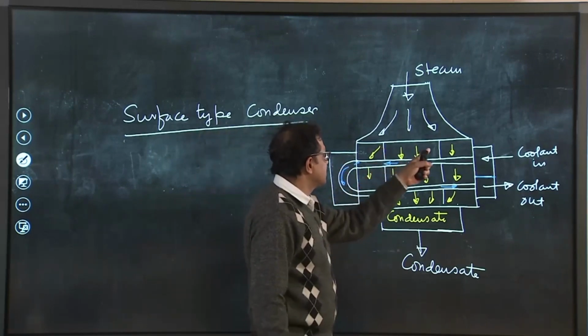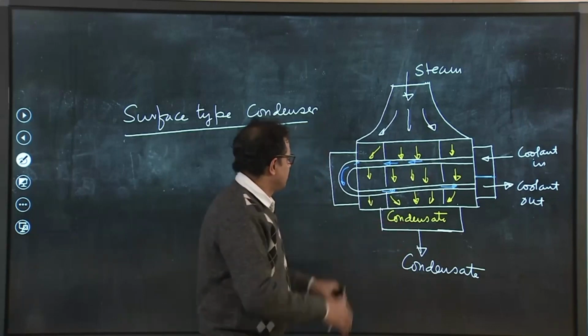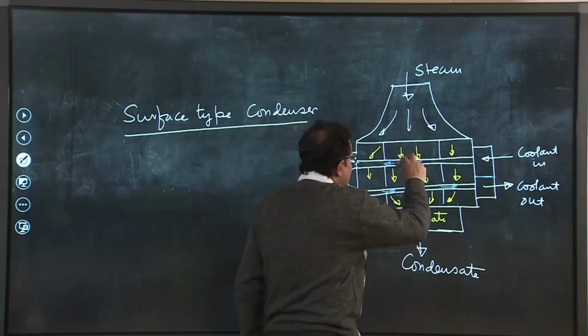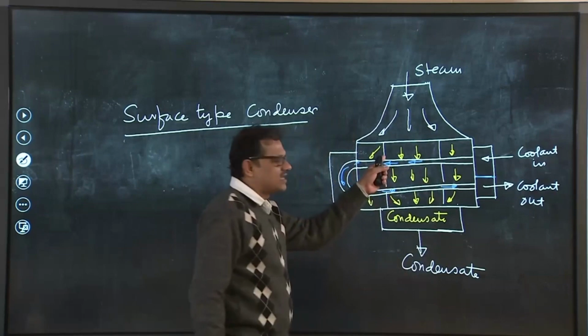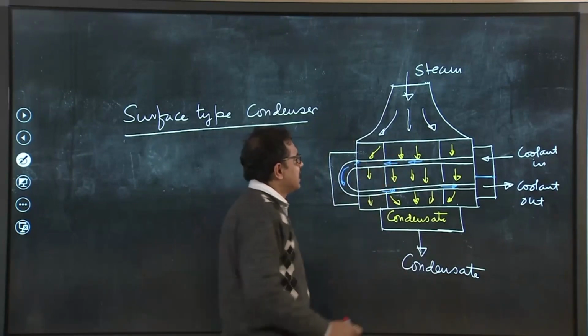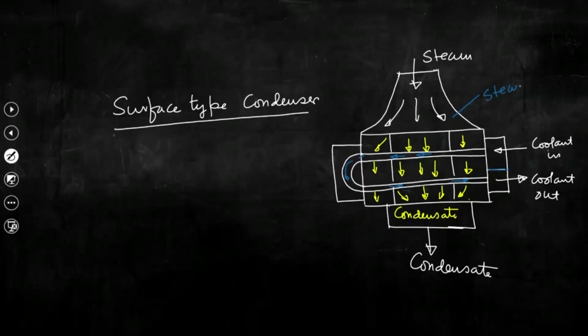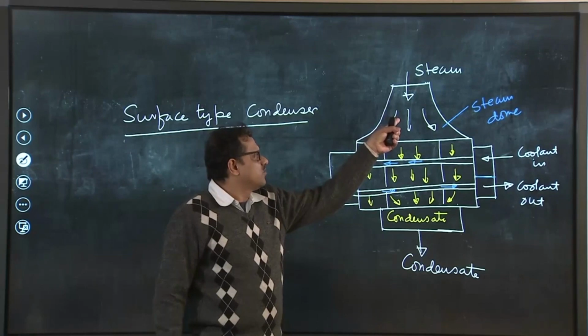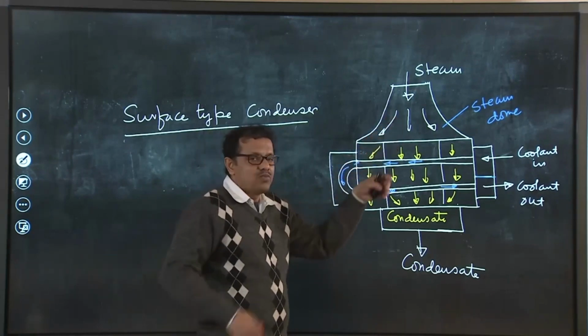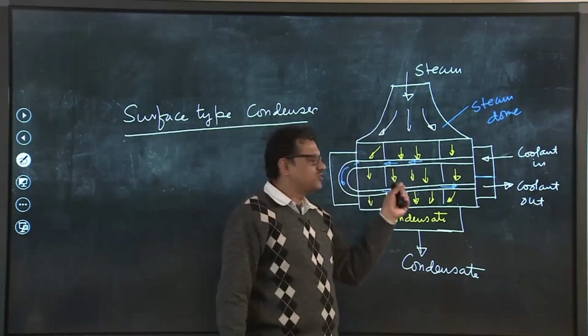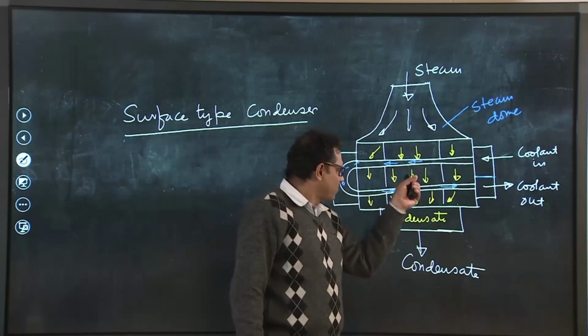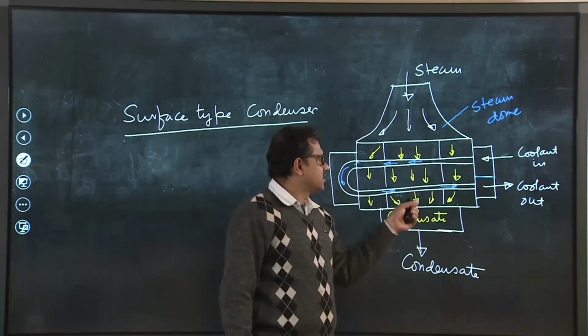You can understand there are several tubes, and we need to hold the tubes inside the condenser. So, mechanical arrangements will be there, and this is called the steam dome. This particular design is because we are allowing steam to have a more or less uniform distribution when it flows through the condenser.